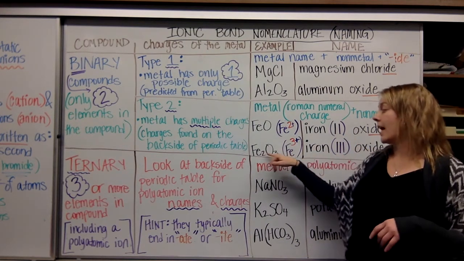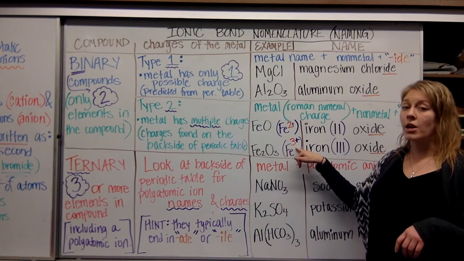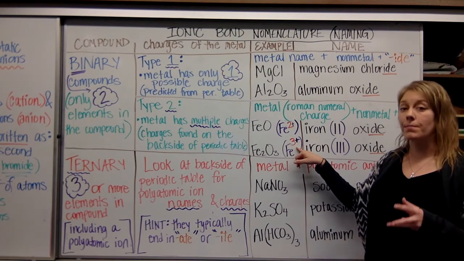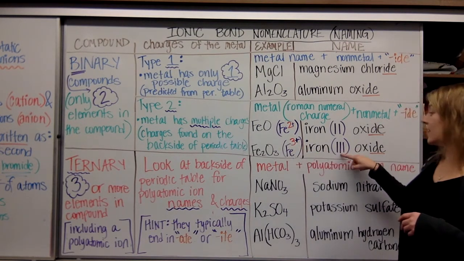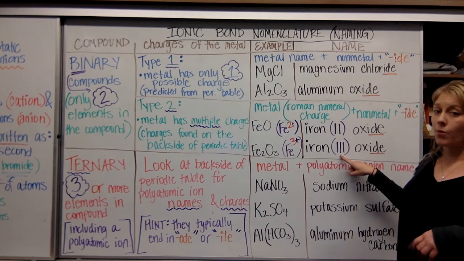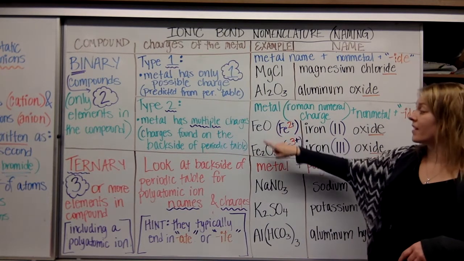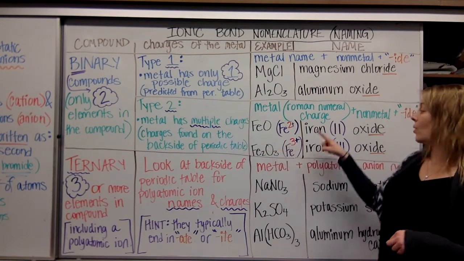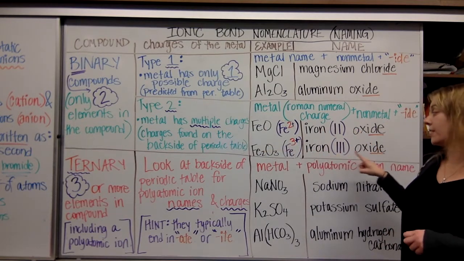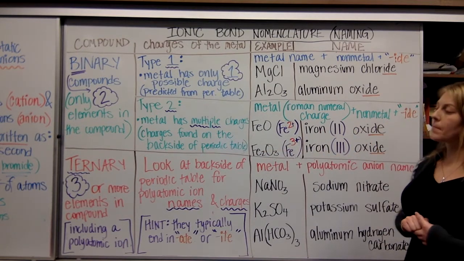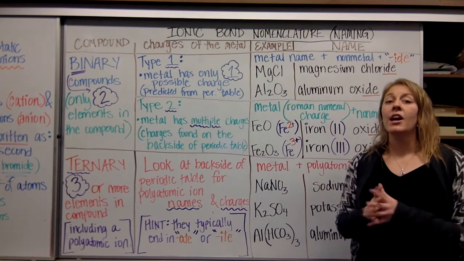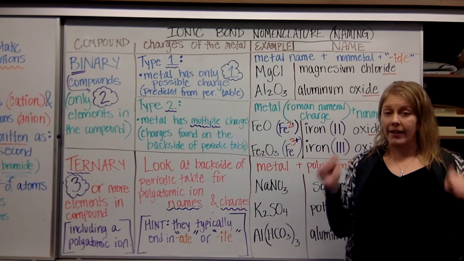Versus Fe2O3, we know that Fe here has a 3 plus charge. So we need to indicate that charge of the metal here with Roman numeral 3. So both of these might look like iron oxide, but one is iron(II) oxide, the other is iron(III) oxide. Now, that's binary. 2 elements in the compound, that's it.